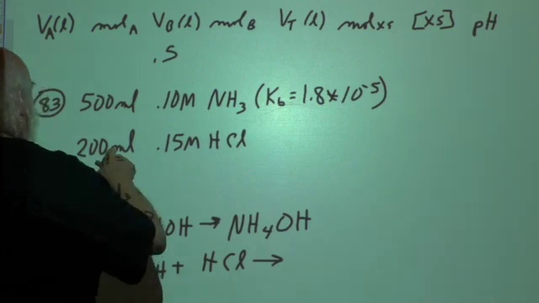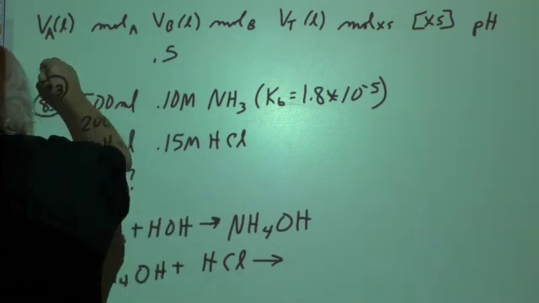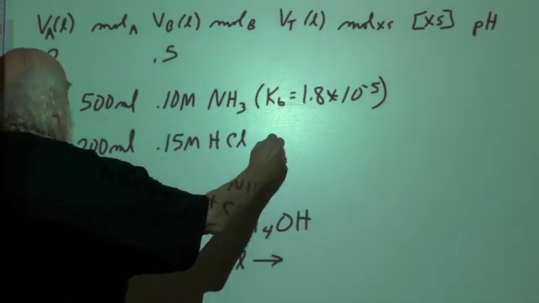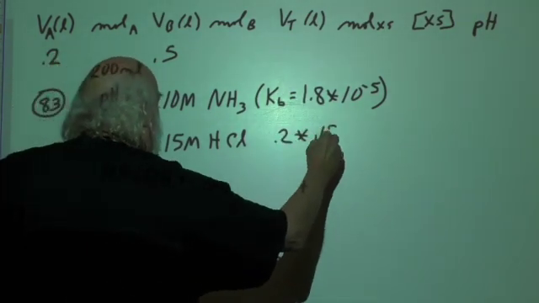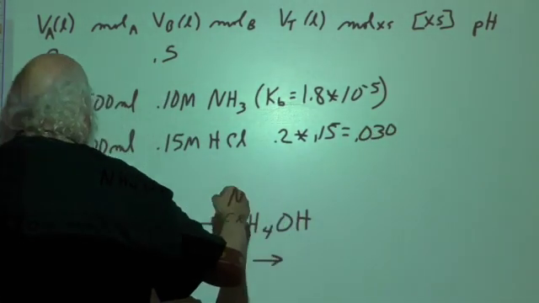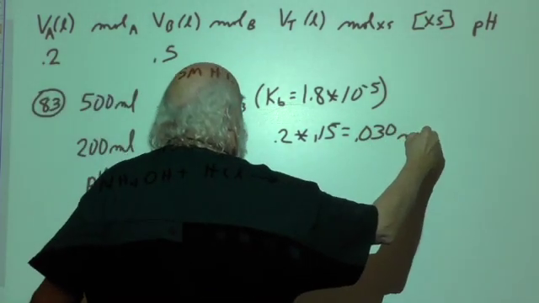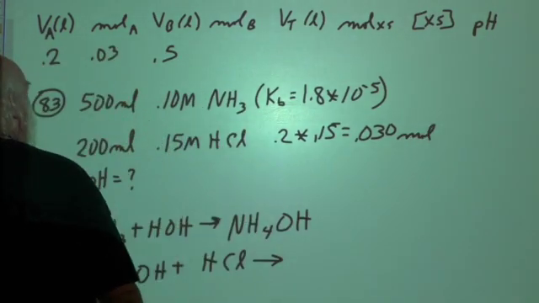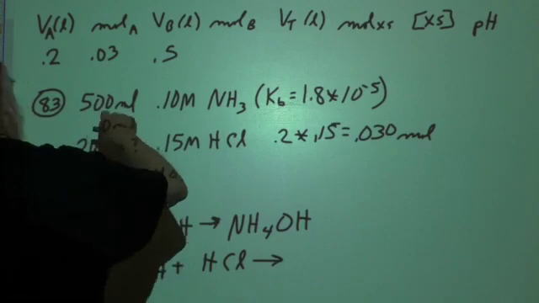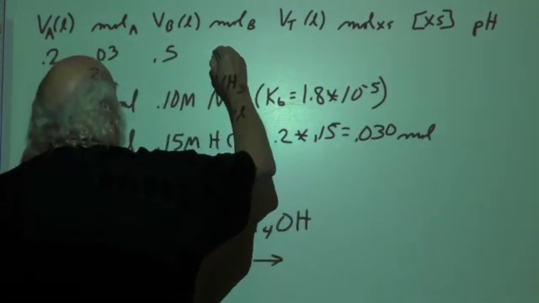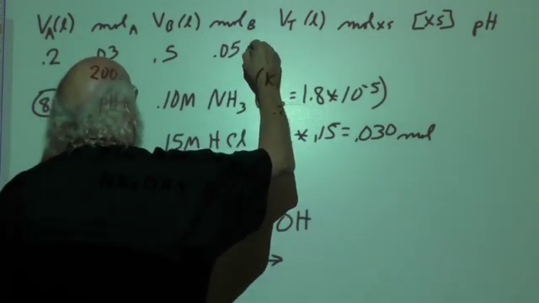We have 200 milliliters of a strong acid, so that's 0.2 liters. 0.2 times 0.15 equals 0.030, and this will be moles of the strong acid. And 0.5 times 0.10 is 0.05 moles of the base.